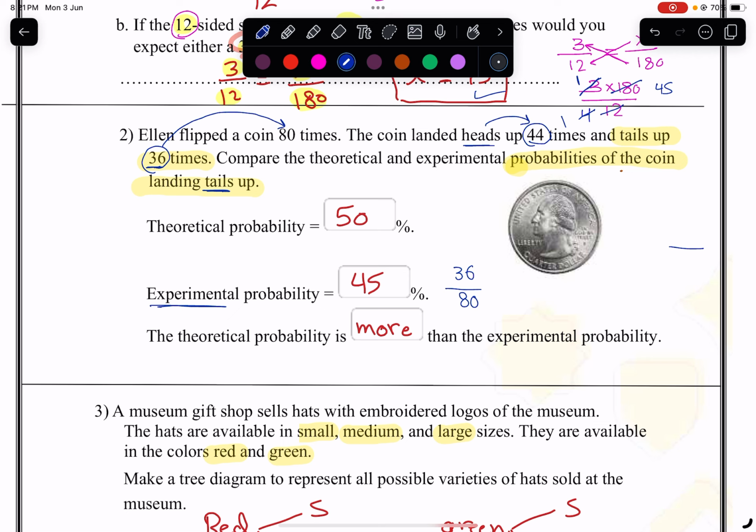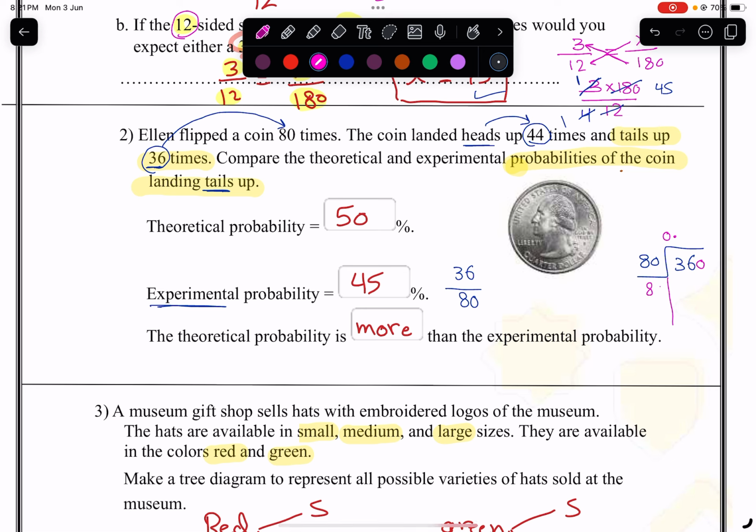Make a long division: 36 divided by 80. First of all, we can't divide normally, because 36 is less than 80. So I must put 0 down and 0 up. Now, we need to find the nearest number to 360 and less than 360.